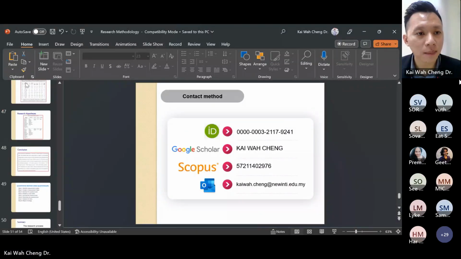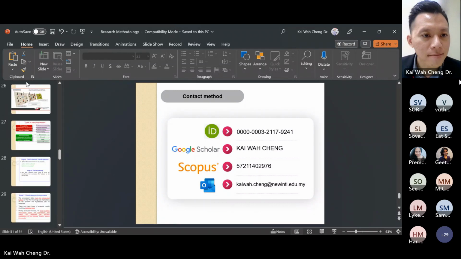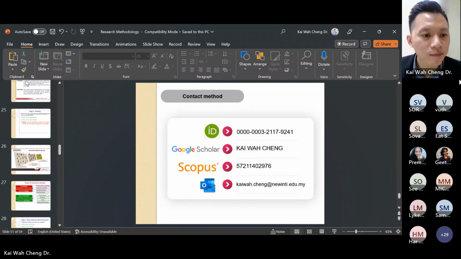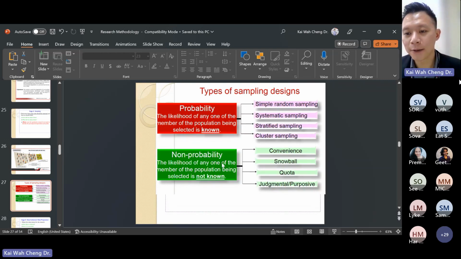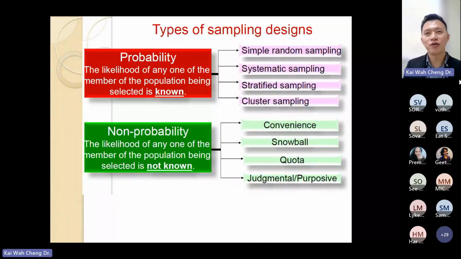If the actual population is not known, how can we calculate the sample size? Okay, let me show you this one. Regarding the sample size of an unknown population, based on my understanding, we can use the Krejcie and Morgan table.